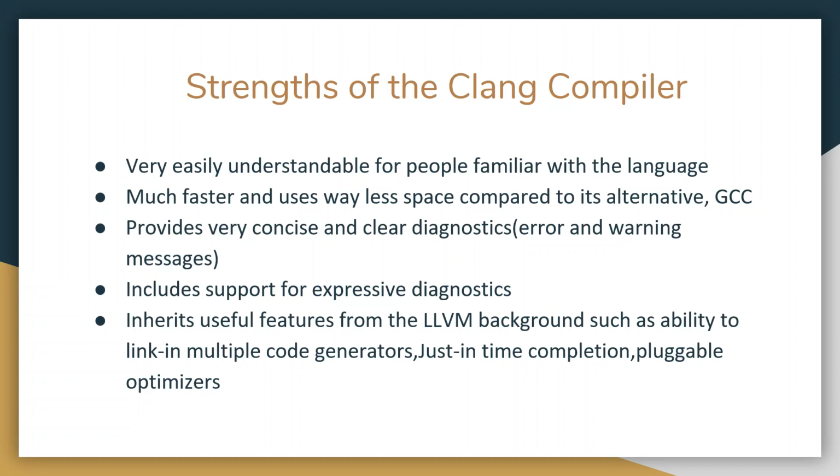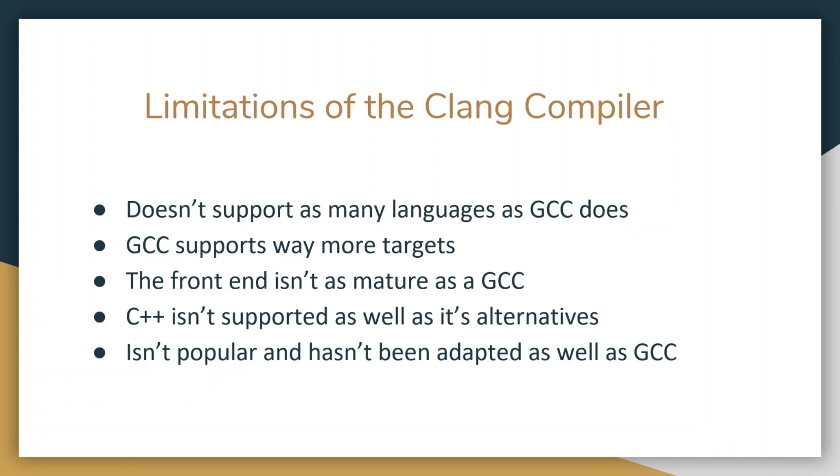Clang inherits quite a lot of useful features from its backend LLVM, such as pluggable optimizers, ability to link in multiple code generators, just-in-time compilation, etc. Having all these advantages doesn't deprive Clang of its disadvantages.